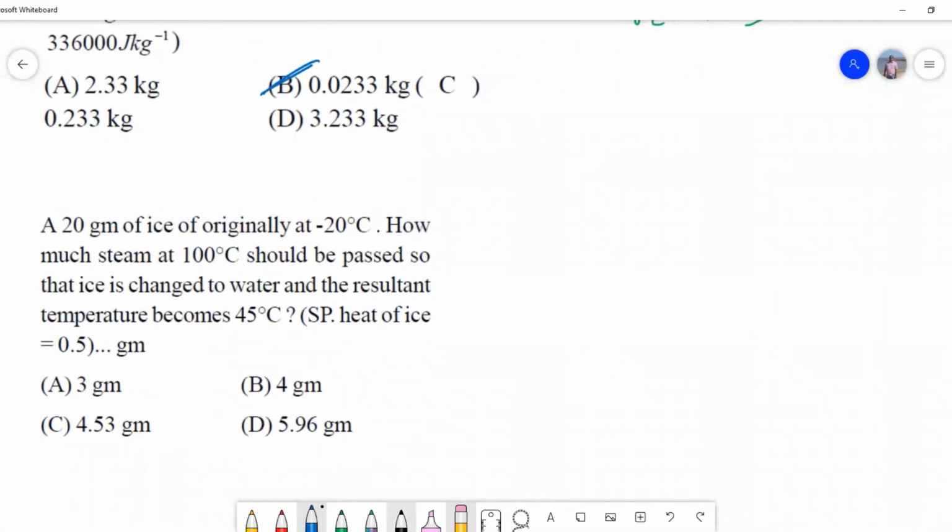So first let us draw the diagram for ice. Ice at minus 20 becomes ice at 0 degree centigrade. This ice becomes water at 0. This water at 0 becomes water at 45, because the resultant temperature is given as 45. So we need to find this.